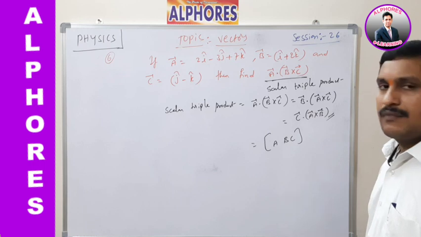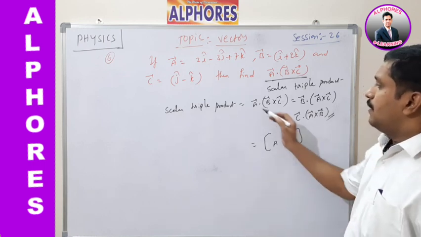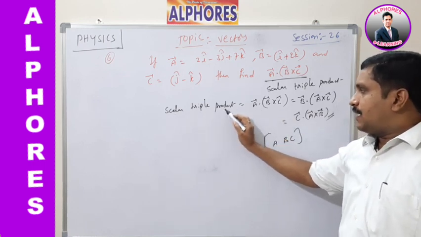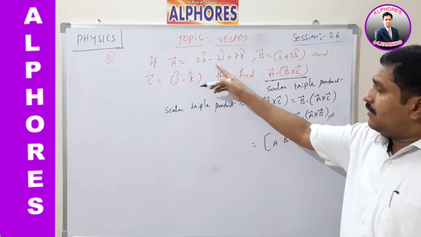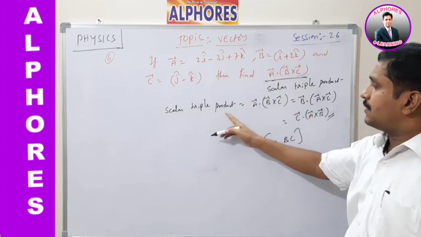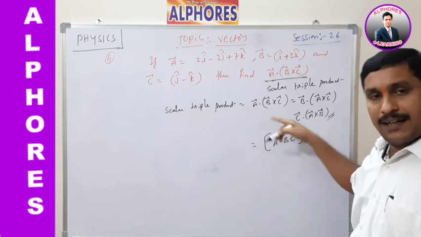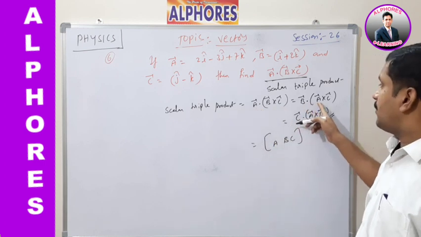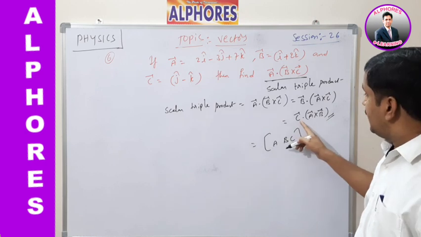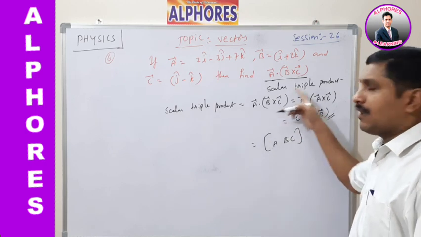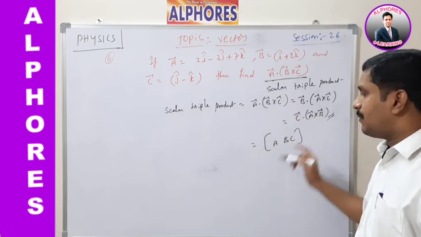Listen carefully. The scalar triple product is generally denoted by A bar dot B bar cross C bar, or B bar dot A bar cross C bar, or C bar dot A bar cross B bar. These three are equal. How much is it? Box of ABC.